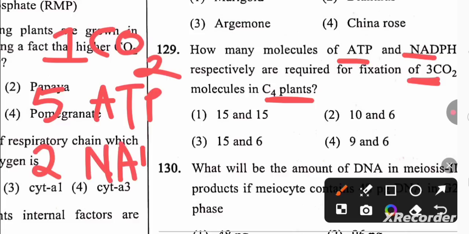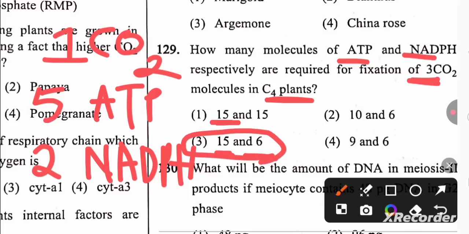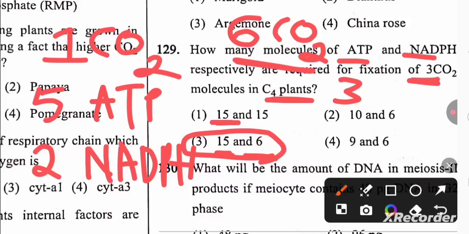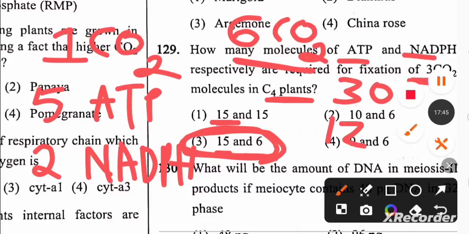So for 3 carbon dioxide, we need 15 ATPs and 6 NADPH. So option 3 is the right answer. And remember, for the formation of 1 glucose, there is a requirement of 6 carbon dioxide, which means 30 ATPs and 12 NADPH2. So the right answer is 15 ATPs and 6 NADPH2 for 3 molecules of carbon dioxide.